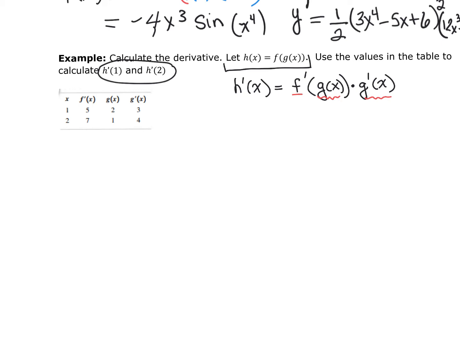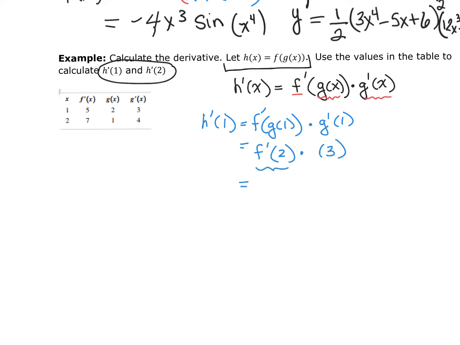So if we're looking for h prime at 1, that would be f prime of g of 1 times g prime of 1. And if I'm looking at my table here, g of 1 is 2, and g prime of 1 is 3, and then we have to take f prime at 2, which is 7. So we get 21.